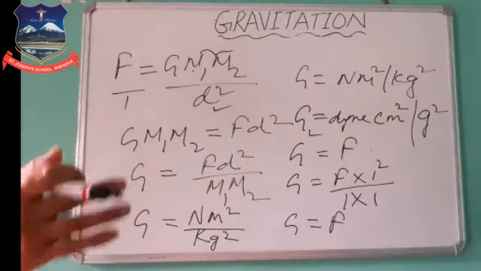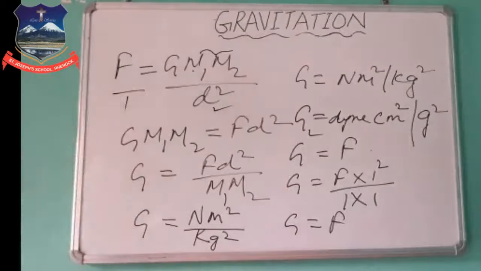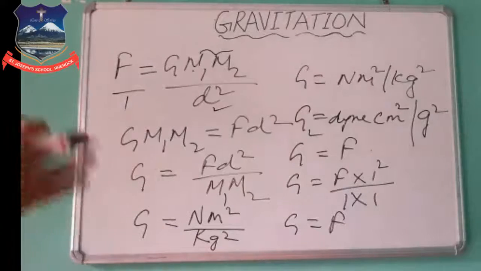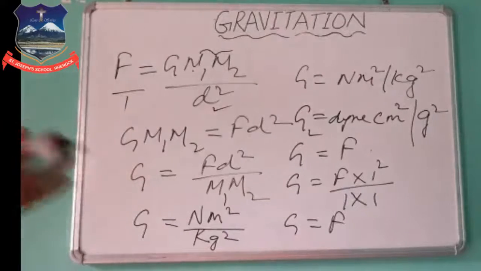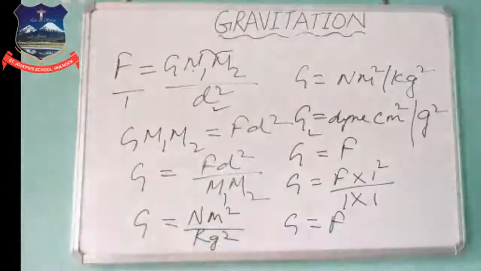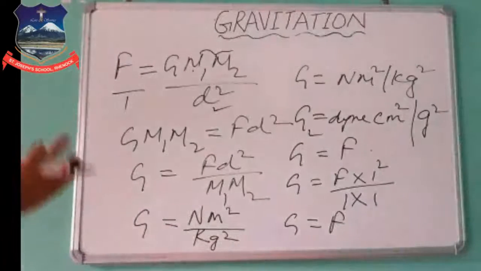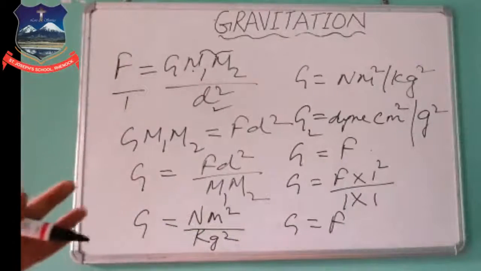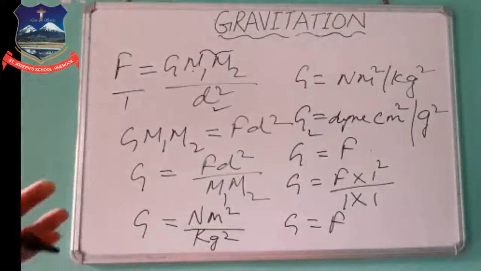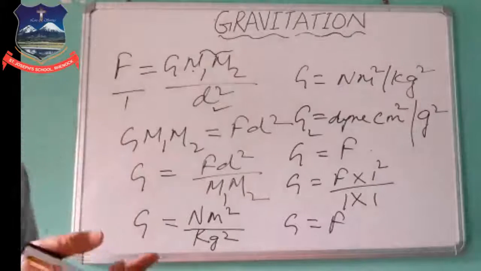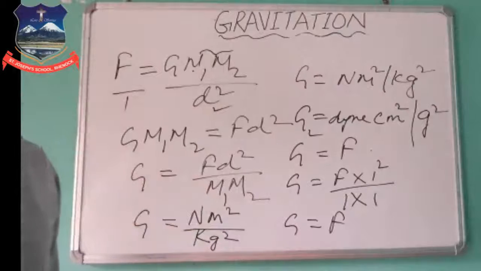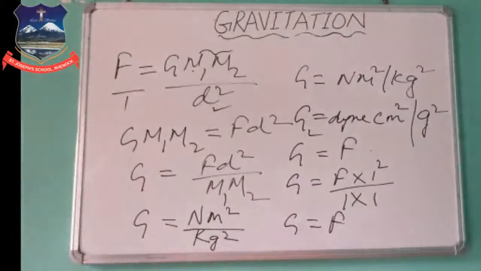It is also responsible for the flow of rivers, and the rainfall and snowfall on the earth. Likewise, it is responsible for the motion of the moon around the earth. So these are the importance of the universal law of gravitation.